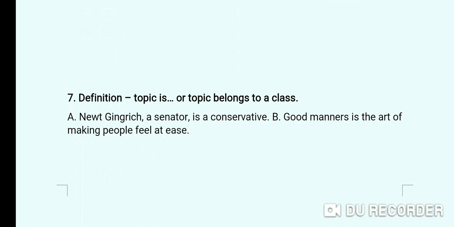Okay. Now, the next pattern is definition. Basic topic belongs to a class. Okay. In talking with other people, we sometimes offer informal definitions to explain just what we mean by a particular term.